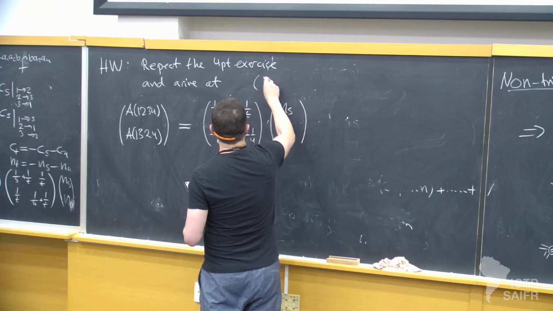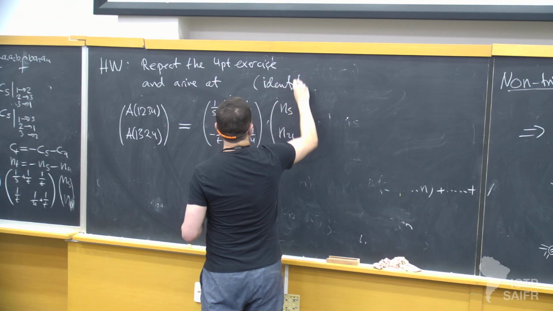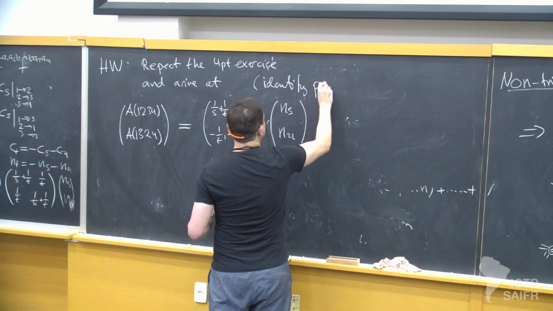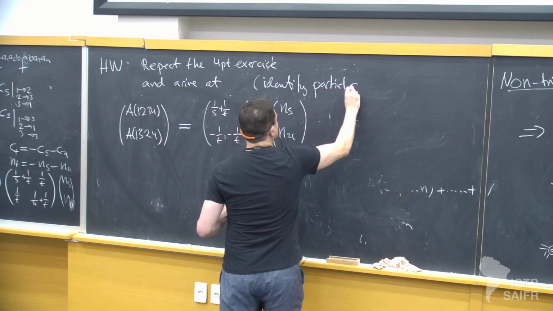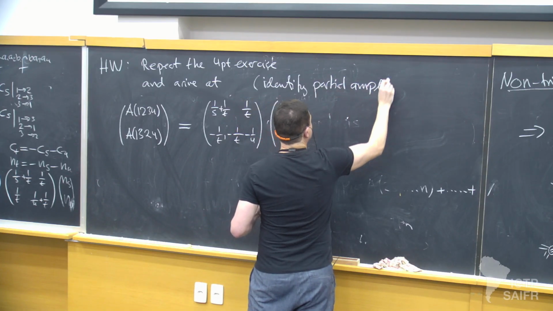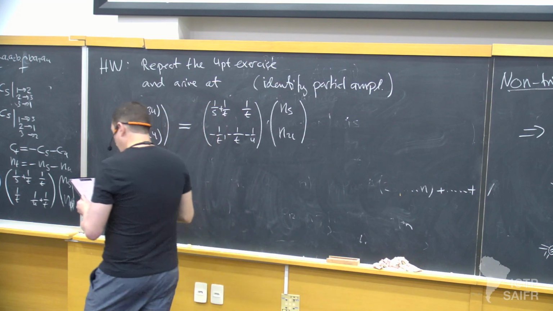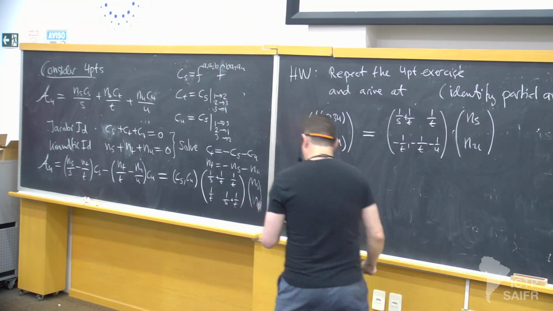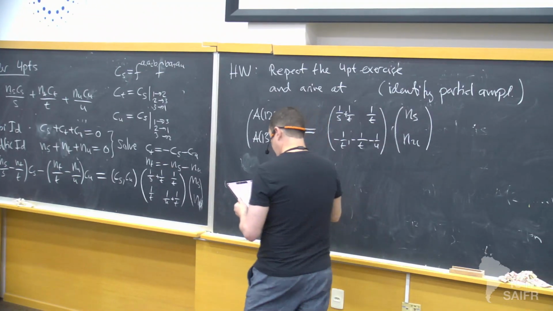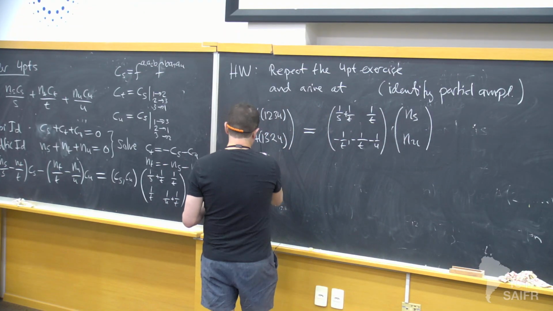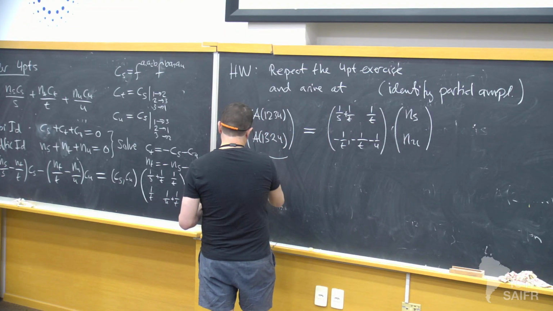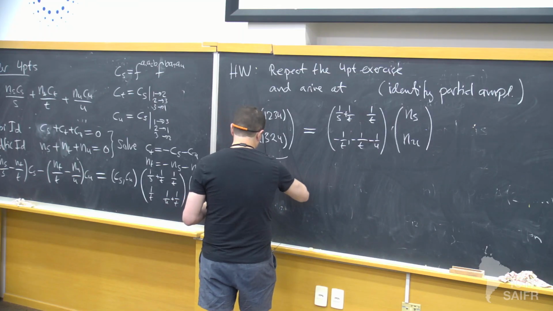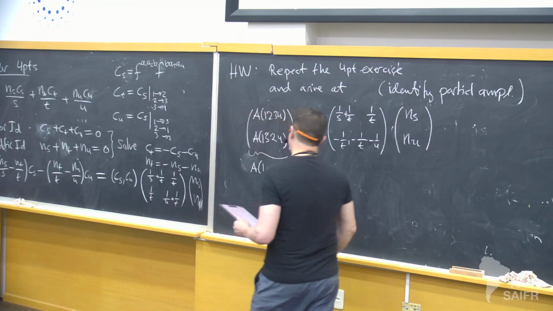So identify, and here, right. And let us also give this a name. So I guess this is what we called before A(1, sigma, 4), where sigma is a permutation.